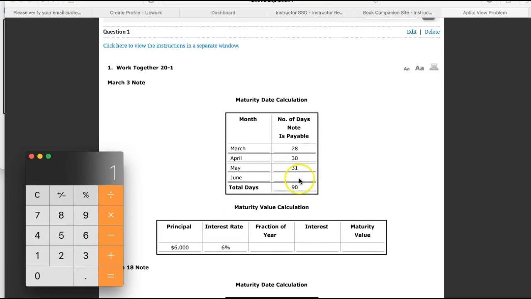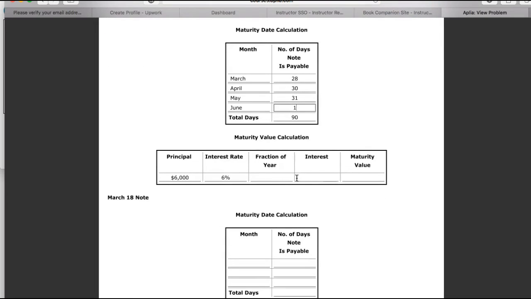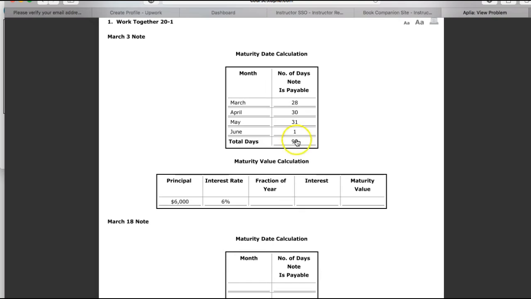That gives us 1 day that we need here. That can be kind of confusing because you think it starts on the 3rd, so I'm going to need 3 days here. That's why you need to add these up and subtract so that you can get the number of days that you still have left.